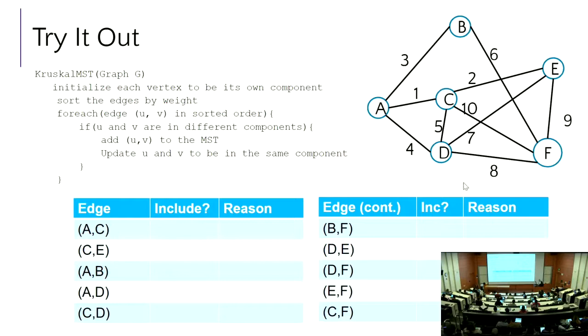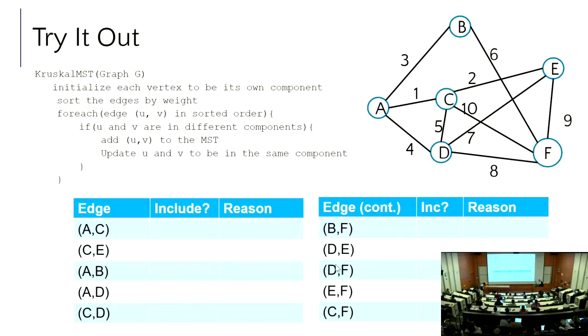Will this edge, if I select it, bring into the club a previously disconnected component? Yes. D is not already part of the buddy group with A, B, C, and E. So I'm going to say yes, and I am going to include that edge. And now A, B, C, D, and E are all connected thanks to the 4 edges I have selected.